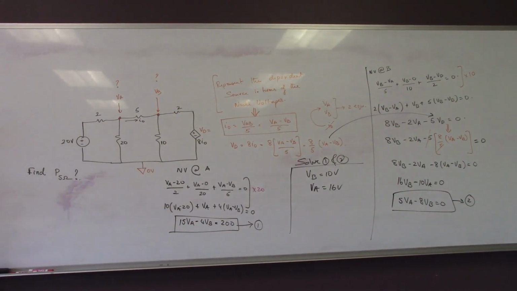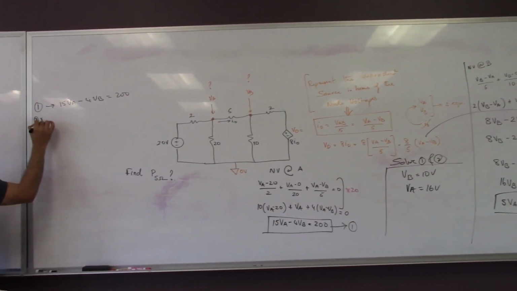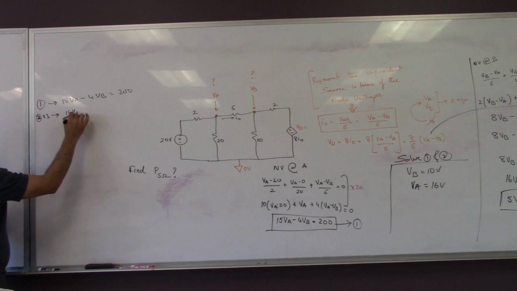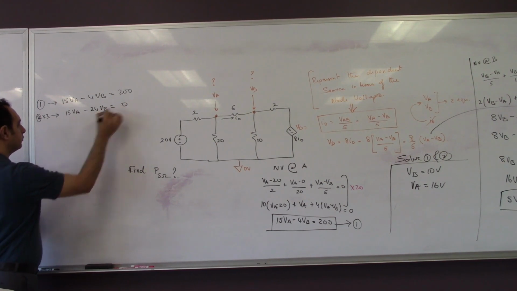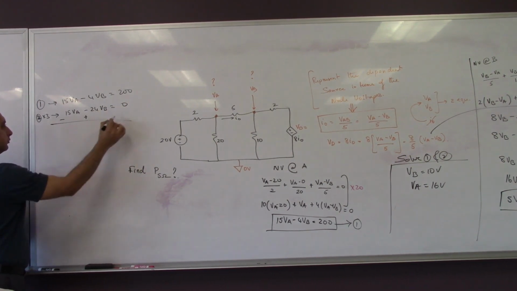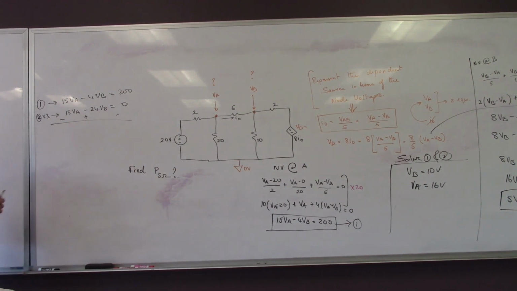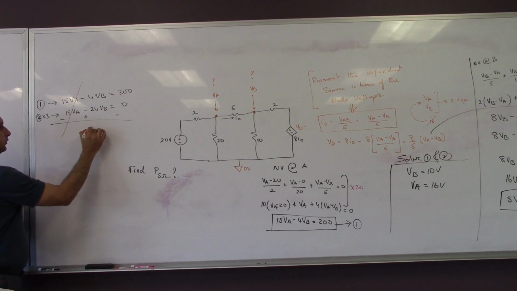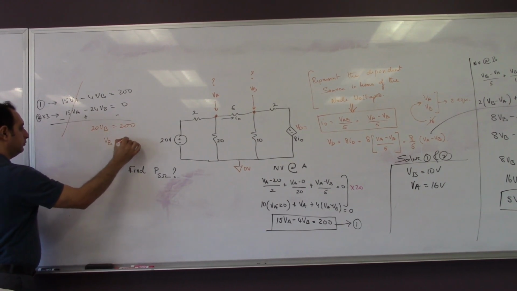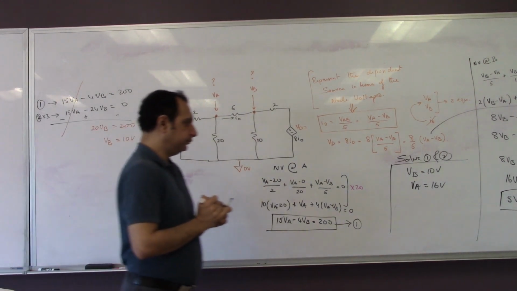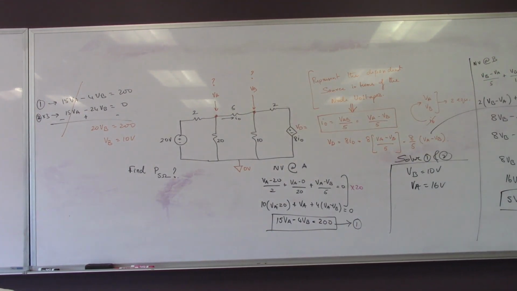Substitute VB equal to 10 here, and you'll get VA equal to 16.